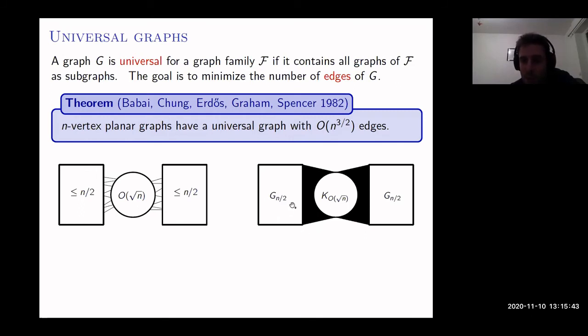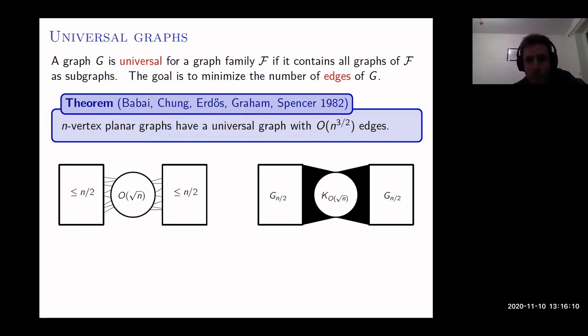You take two disjoint copies of G_{n/2}, on the left and on the right, and you add a complete graph on a constant times √n vertices. And you join this clique to all the vertices of the graph, so you have all possible edges between this clique and the rest of the graph. It's the same as saying that you're taking two copies of G_{n/2} and adding O(√n) universal vertices.